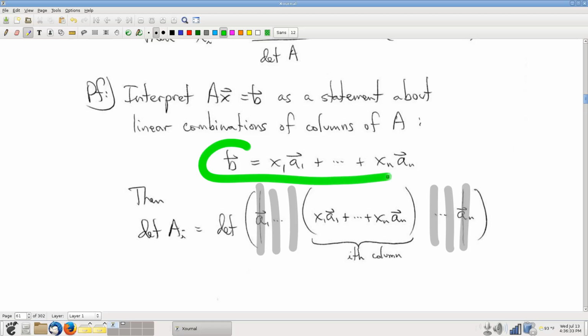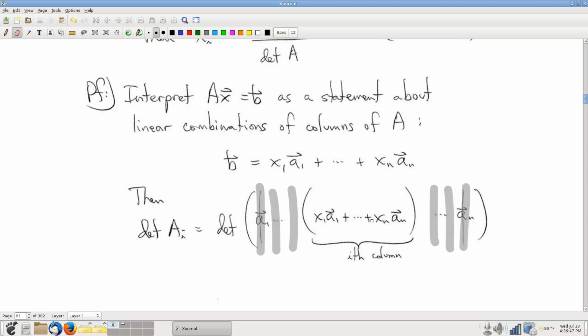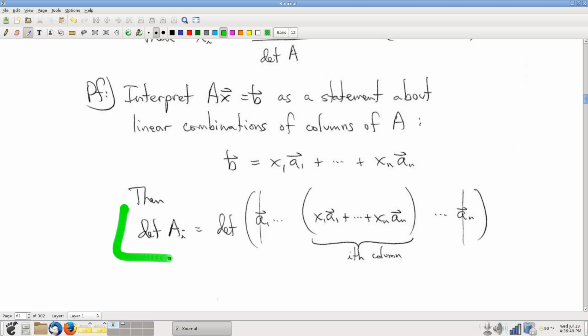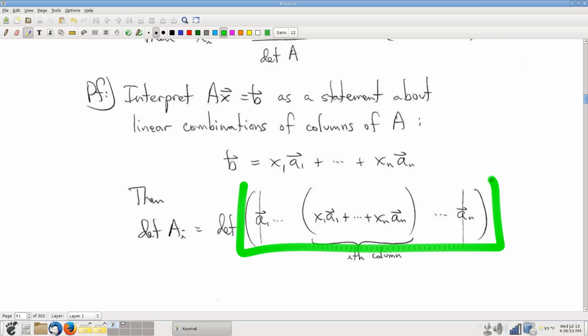And let's not forget, we just made this realization that the b vector that I'm putting in the ith column is this linear combination of the columns of A. So all I've got here then is an expanded representation of this matrix A_i.